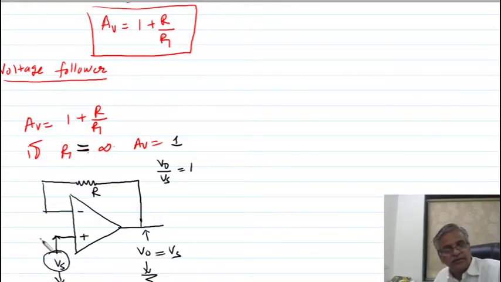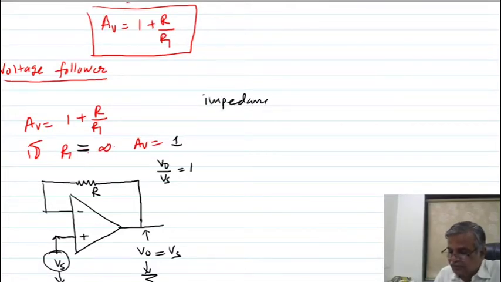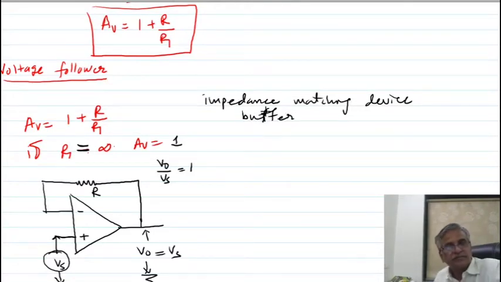This circuit has a very, very high input impedance and very low output impedance. Therefore, this circuit is used as an impedance matching device. It is used as a buffer, to match the impedance between two stages, so there is no loading effect.